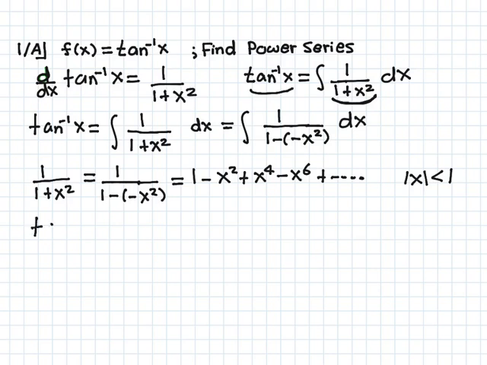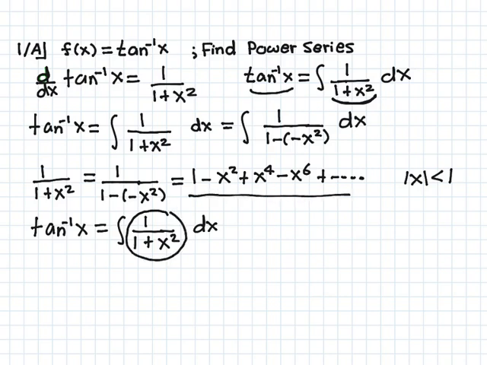Now tan minus 1 x is the integral of 1 over 1 plus x squared dx. And this integrand is a sum of a geometric series that we have expanded term by term, and hence we can integrate term by term. So we have the integral of 1 minus x squared plus x to the 4th minus x to the 6th, and so on.